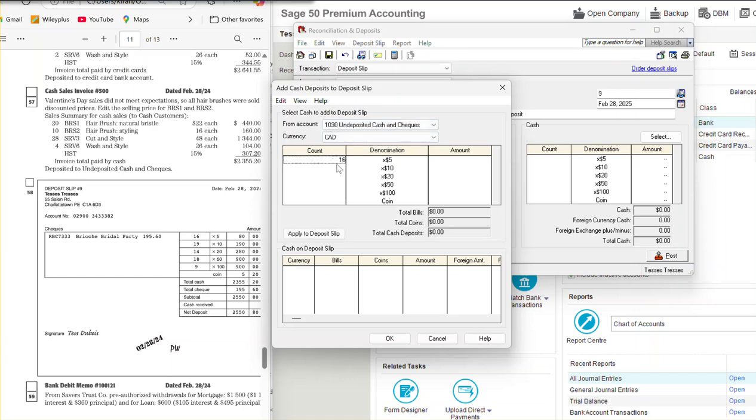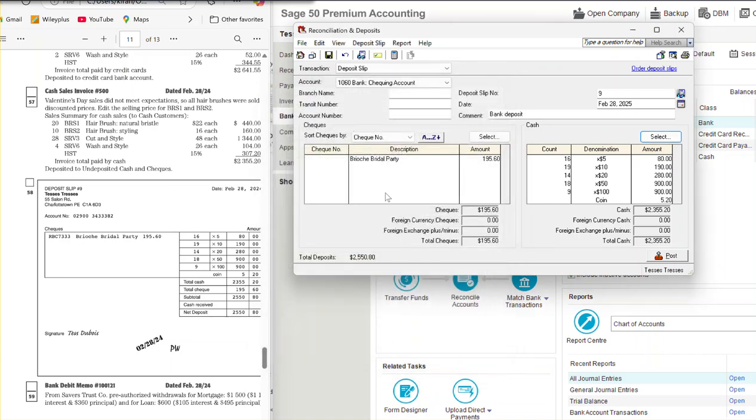I will have 16, I have a 19, we have 14, we have 18, 9, we have $5.20. Apply to the deposit. We will say okay, and let's see if that's what my account should look like. Let's see, deposit.